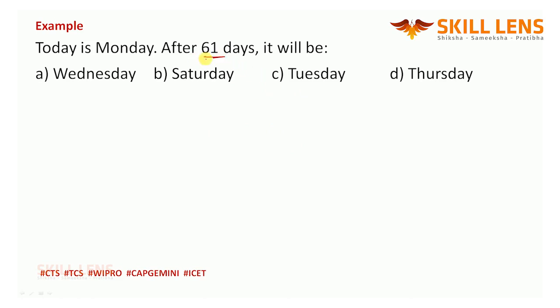Guys, look here. 61. Can I say 63 is going to be Monday? Because 63 is a multiple of 7. When 63 is a multiple of 7, 2 days back, 62 is going to be Sunday, then 61 is going to be Saturday. Yes or no? Because 63 is a multiple of 7.